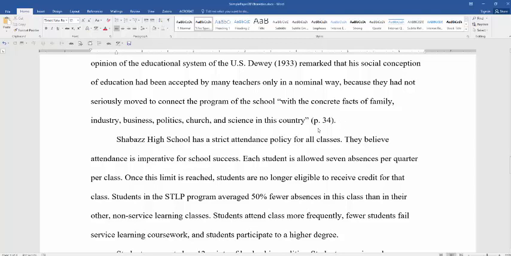Next thing we have is make sure that you capitalize all proper names. So in this case, we have the name of a high school. Since high school is part of its official name, we have Shabazz High School. Let's also talk numbers. The sentence here, we have each student is allowed seven absences per quarter per class. When you have values that are below 10, for the most part, you write them out as words.